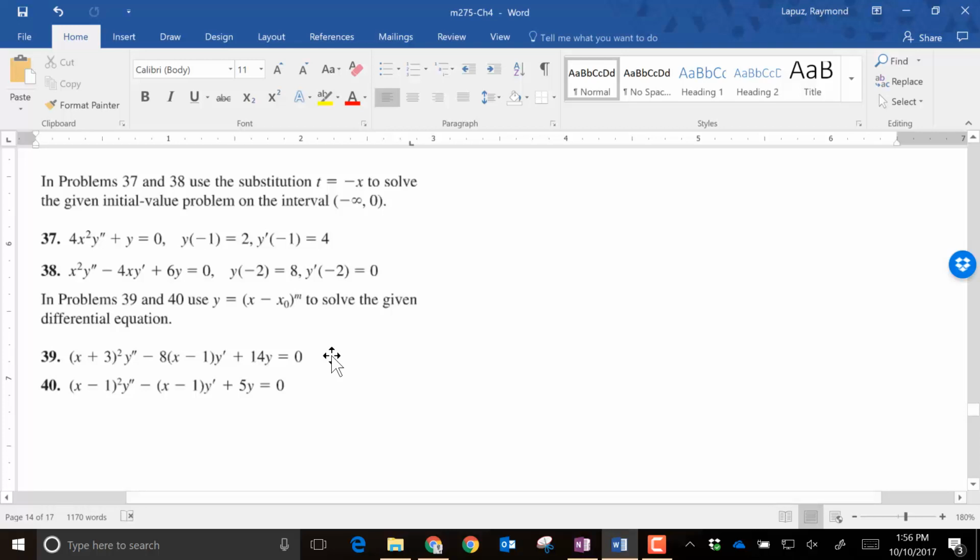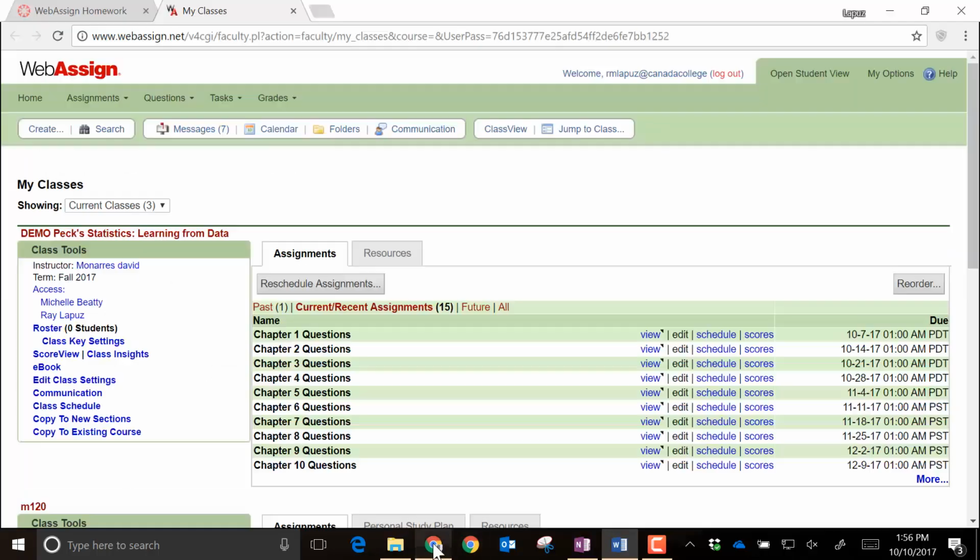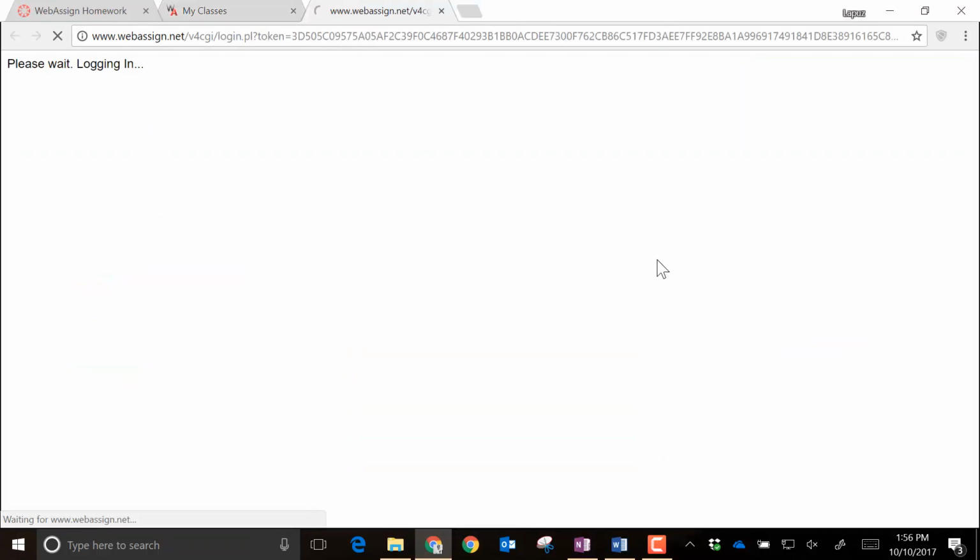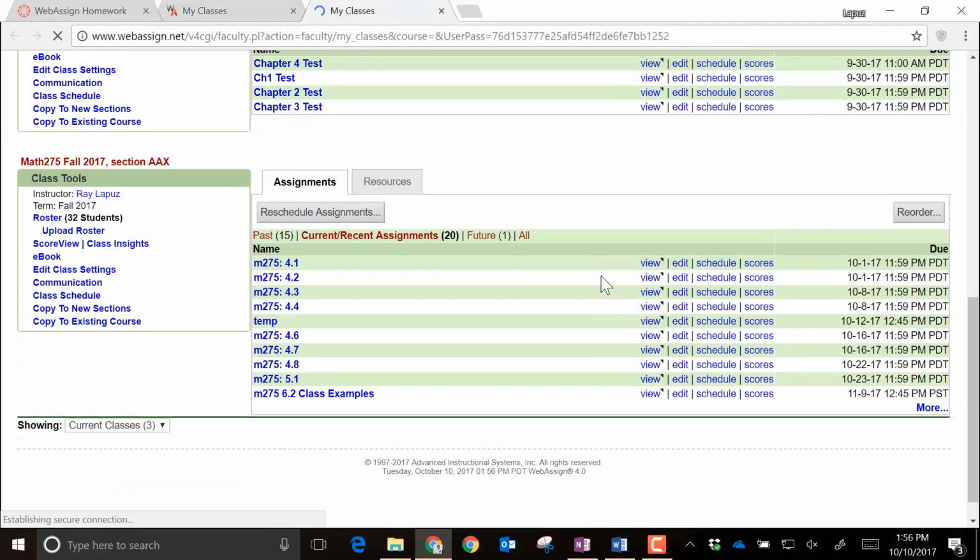Hopefully there aren't that many homework problems similar to this. Well, let's see. Is there? No. What is the temp? What did we just do? 4.7 or 4.8? What was 4? Oh, 4.5 is the annihilator.